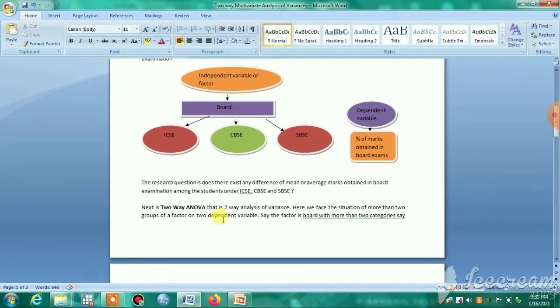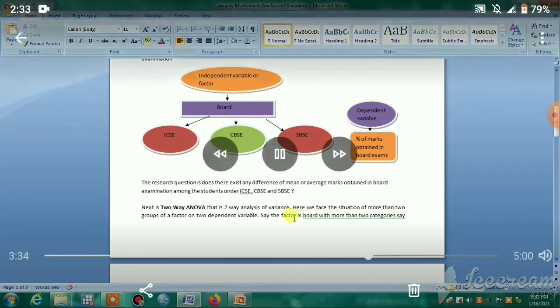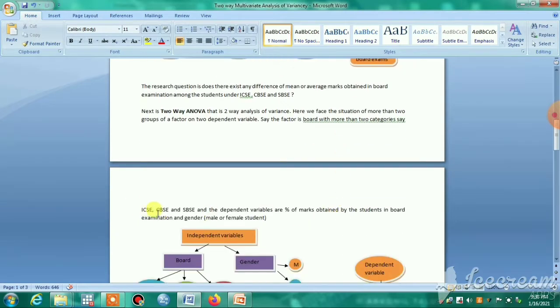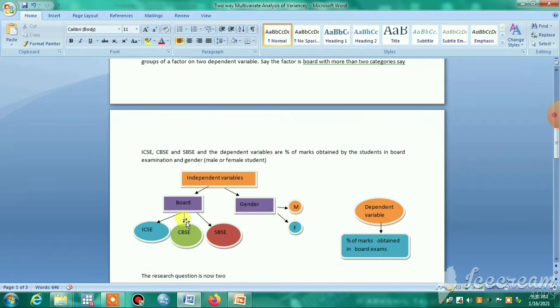If we consider more than one factor, then it becomes two-way ANOVA, that is two-way analysis of variance. Say the factor is board with more than two categories, say ICSE, CBSE and SBSE, and the dependent variable is percentage of marks obtained by the students in board examination, and another factor is gender. Therefore, in two-way ANOVA we have two factors: one is board with three categories, another is gender with two categories, male students and female students, and the dependent variable is percentage of marks obtained in board examination.